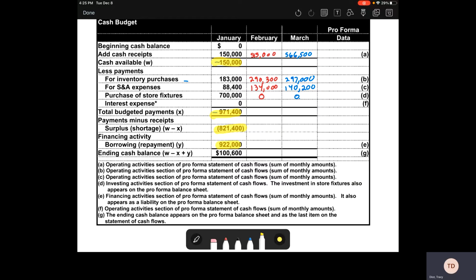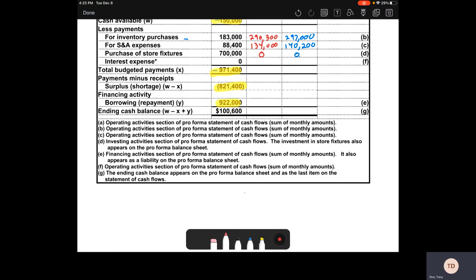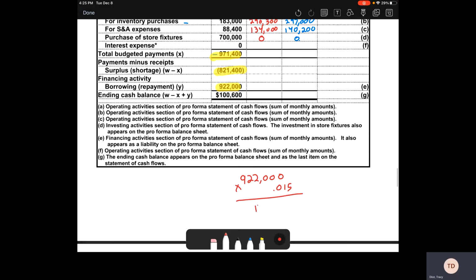So to find our interest payment for February, we have to take that $922,000, put that right here. We'll put that down here. 922,000 times our 0.015, because it was 1.5%. When you do that math, that should be $13,830.